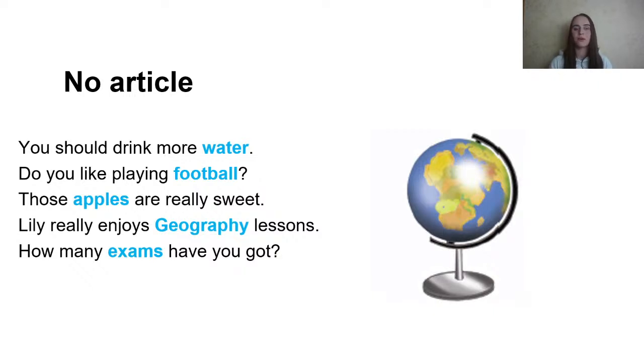Those apples are really sweet. We talk about apples. This word may be counted. We can say one apple, an apple, two apples, three apples. You can count this word. Sophia, you say plural.